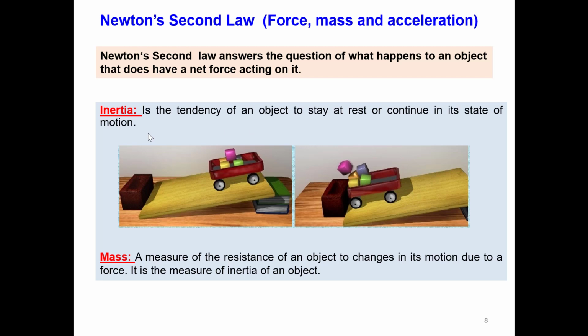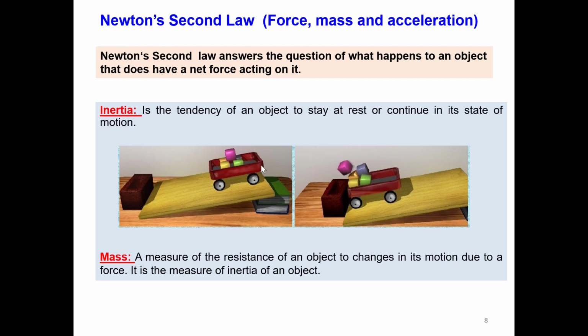Inertia is the tendency of an object to stay at rest or continue in its state of motion if there is no force acting on it, or the net force equals 0. This is why mass is a measure of the resistance of an object to change in its motion, and why we can say mass is the measure of inertia of an object.